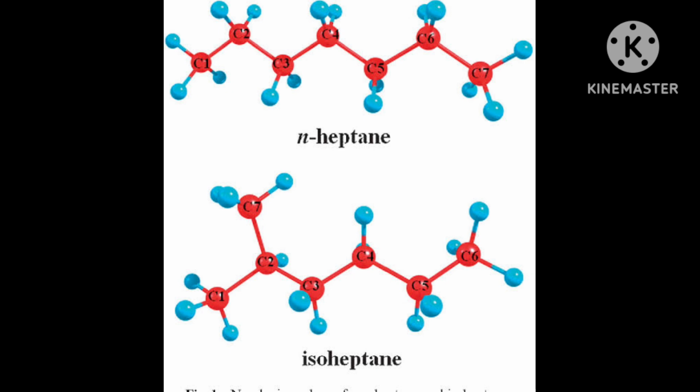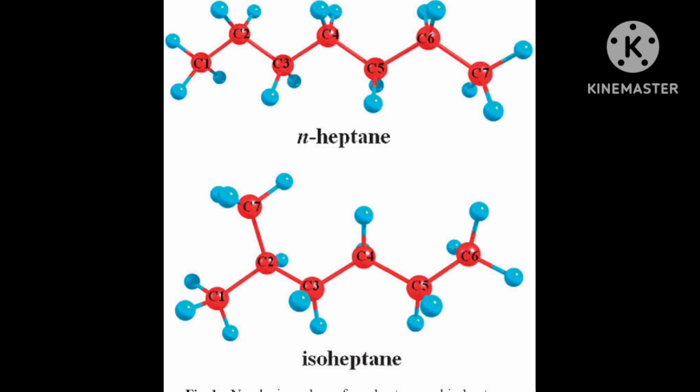Whereas the branched chain hydrocarbon is not straight. One carbon is joined with another carbon, and again another carbon joins with that, so it is in a branched form.